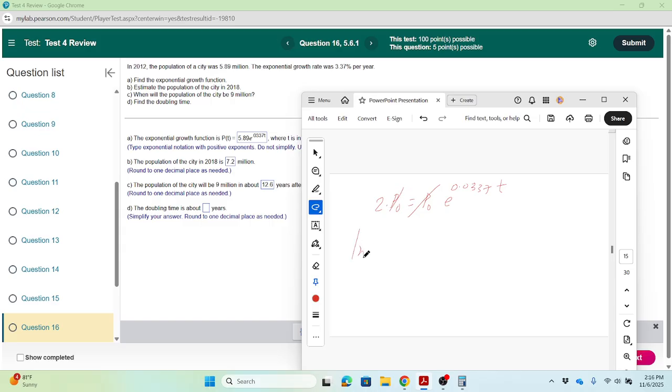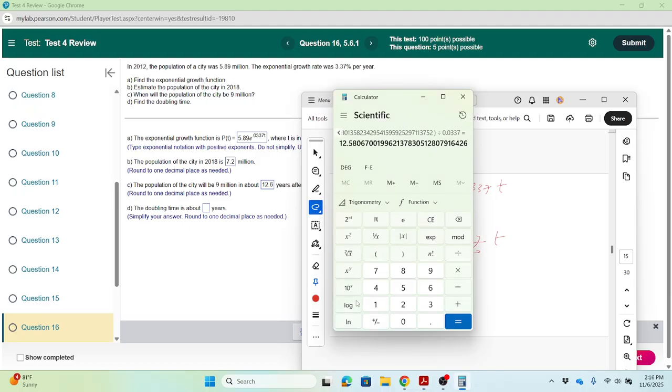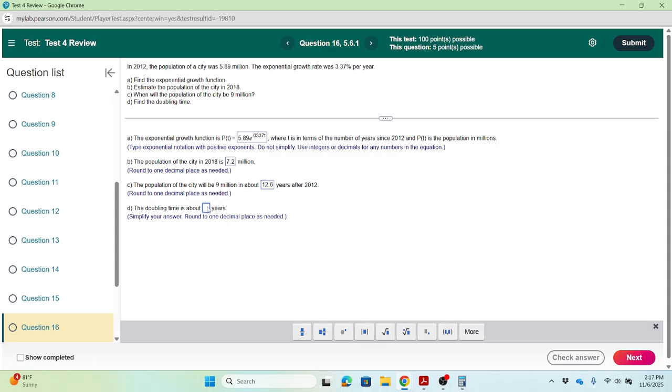Take ln, and then divide both sides by 0.0337. So ln 2 divided by 0.0337 gives you the time to make the population double, which is 20.6 years.